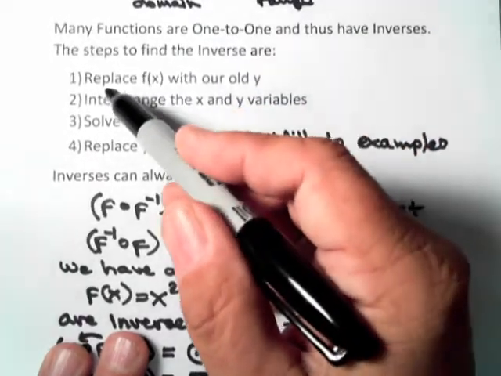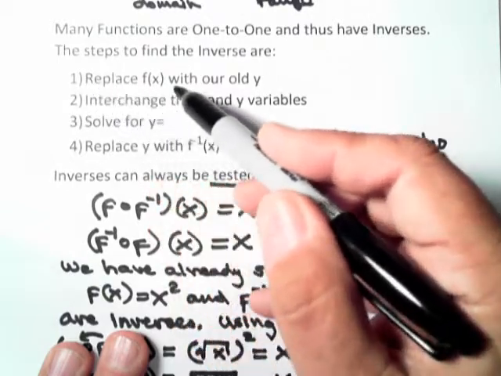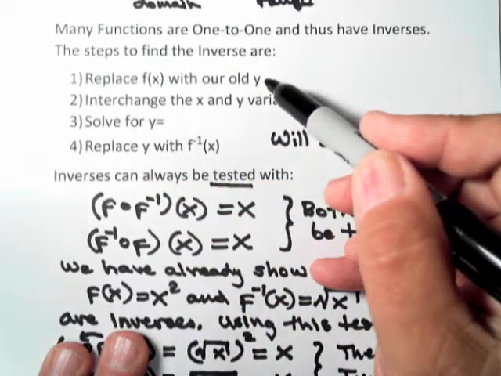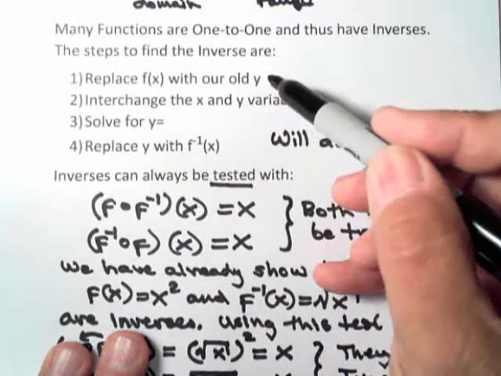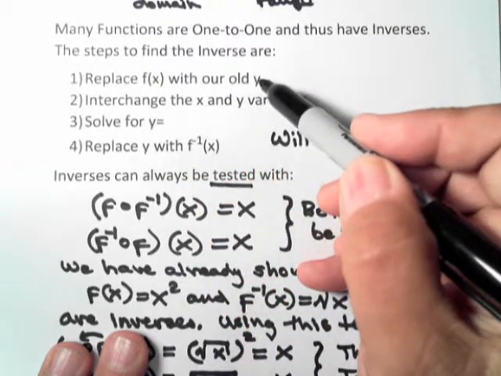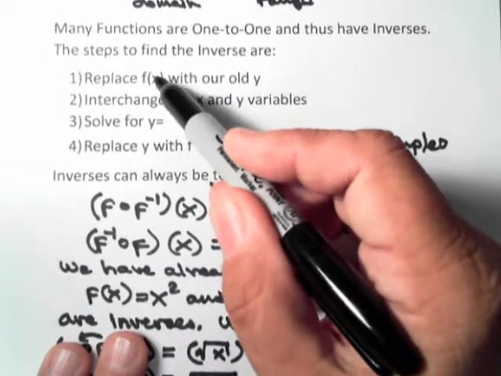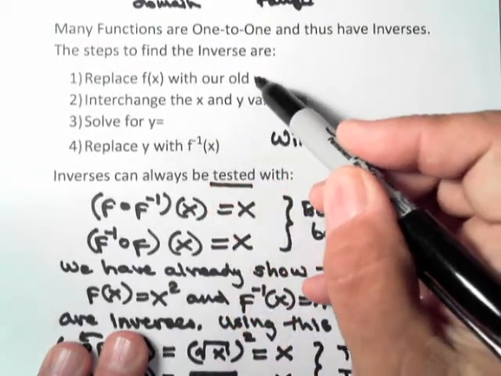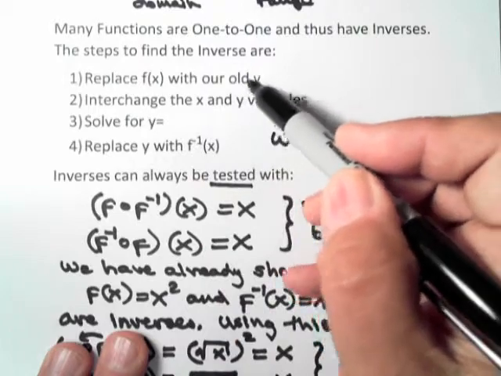Okay? So here are the steps. I'm just going to mention them to you now so you have an idea of what we'll be doing. The original f of x, we're going to replace that with our old letter y. And the main reason we do this is it just makes it easier to write down.